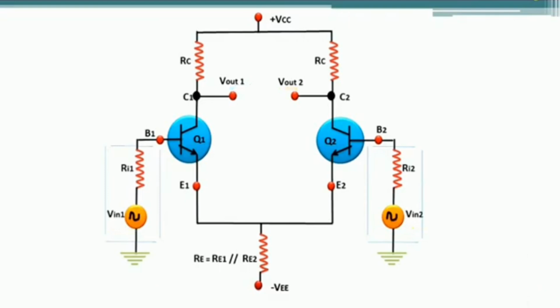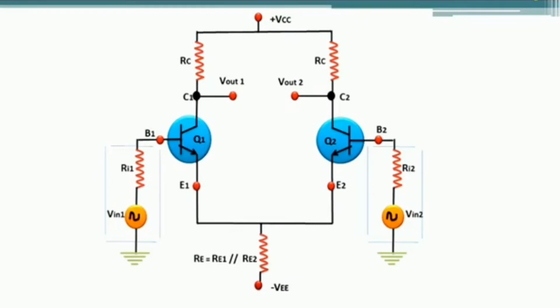Now the modes of operation are divided depending upon the input signals of the differential amplifier circuit. Vin1 and Vin2 are the input signals, so depending upon these two signals we can define the modes of operation.